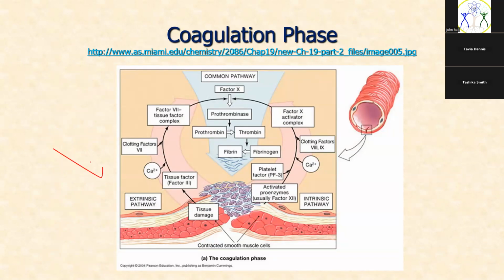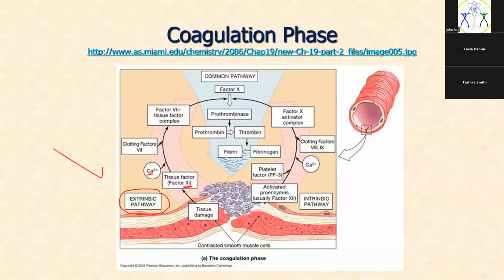Okay? So let us take our extrinsic pathway here. You'll note you start with tissue damage. So once again, the endothelial cell gets damaged, or it's near the damaged area. It releases something called tissue factor 3, all right? Or factor 3 if you prefer. Then the factor 3 has to combine with calcium.